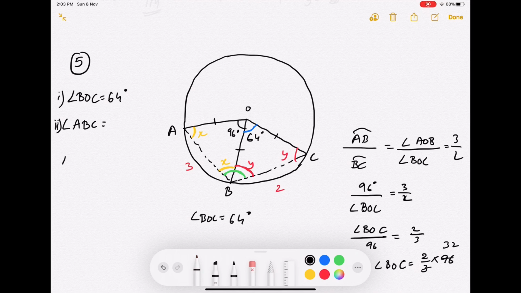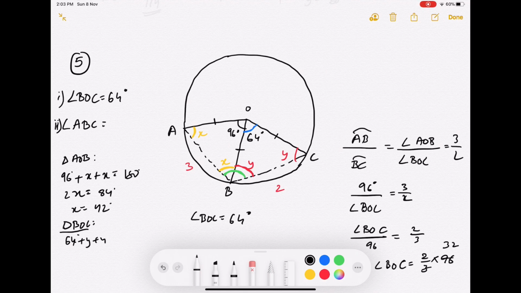So looking at triangle AOB, I can use the angle sum property now. So 96 degrees plus 2X is 180. So twice of X is 180 minus 96, which is 84. So X is half of 84, which is 42 degrees. And for triangle BOC, I have 64 plus 2Y is 180, angle sum property. 2Y is 180 minus 64, so 116.